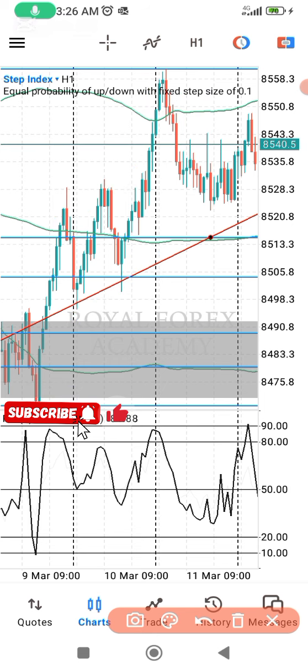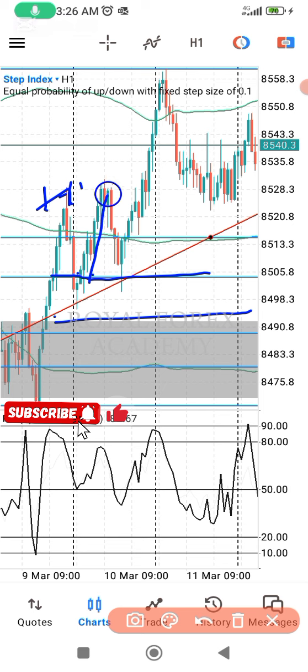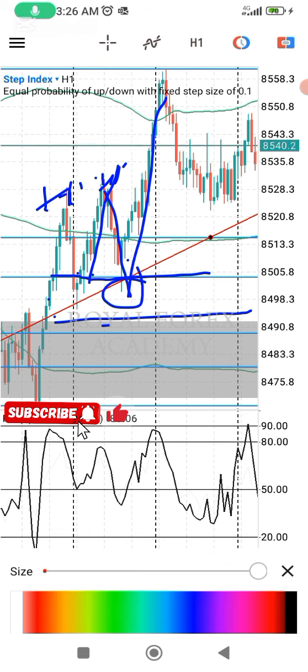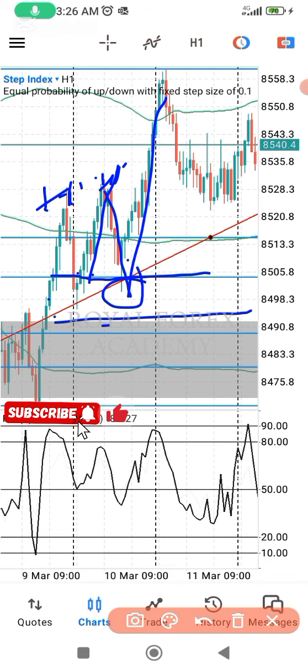So you will realize that when price gave us this higher high, price came here and returned back to the upside to give us a new higher high. But now when price came to retest this particular first order block, it went up, thereby giving us a new order block.